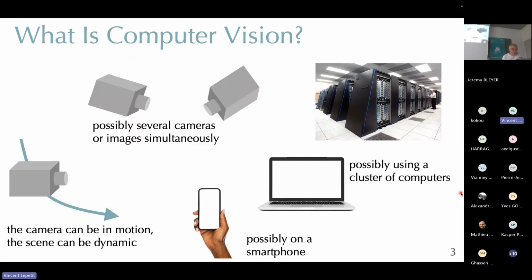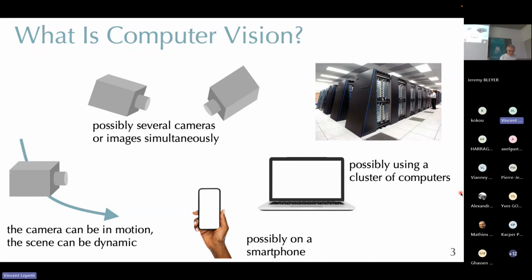For example, in surveillance applications, you can have cameras at fixed positions at different places, and maybe the images are processed not by a simple laptop, but by a full cluster of computers. Maybe you have applications on your cell phone already using computer vision, using the cameras on your phone. Maybe the camera is in motion, on a car, on a robot, on a drone. Maybe it's not just images, but a full video stream. All of that is already computer vision.